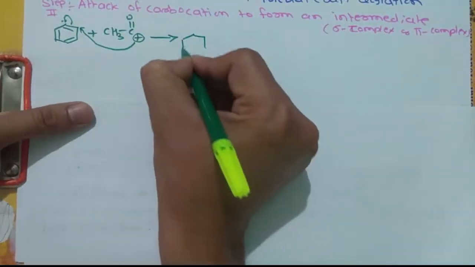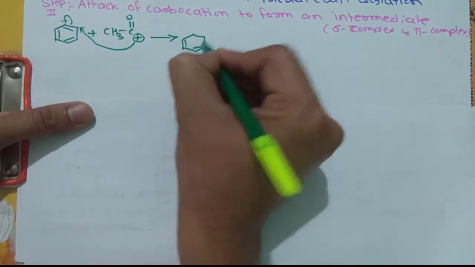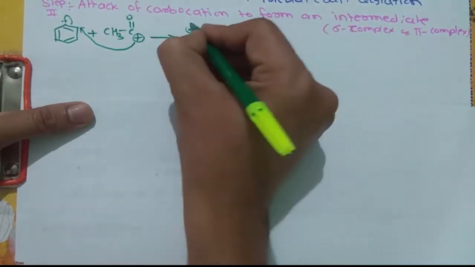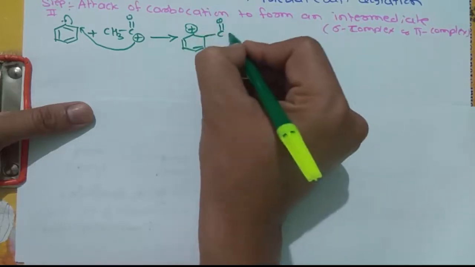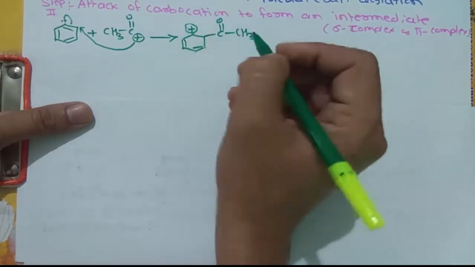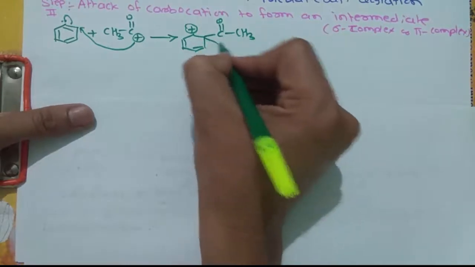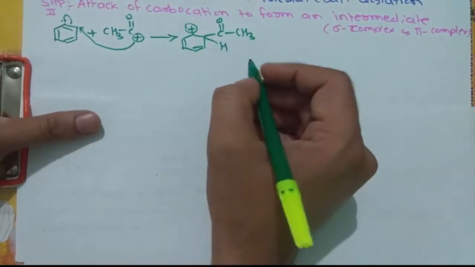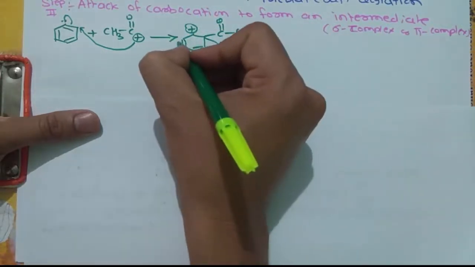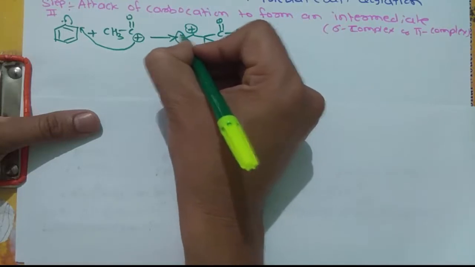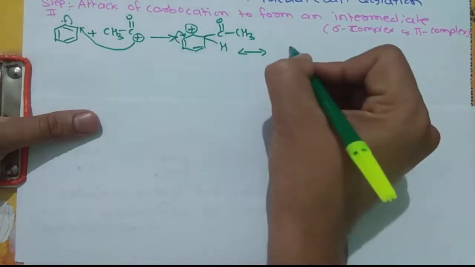This type of intermediate is formed, with a positive charge, and it is an electrophilic substitution reaction. It has C double bond O CH3, and a hydrogen atom is also there. The positive charge can be delocalized in different ways.